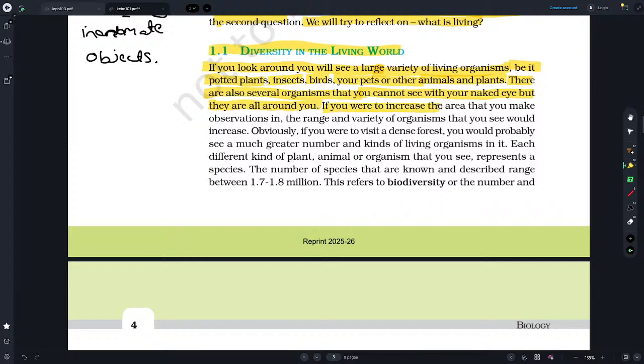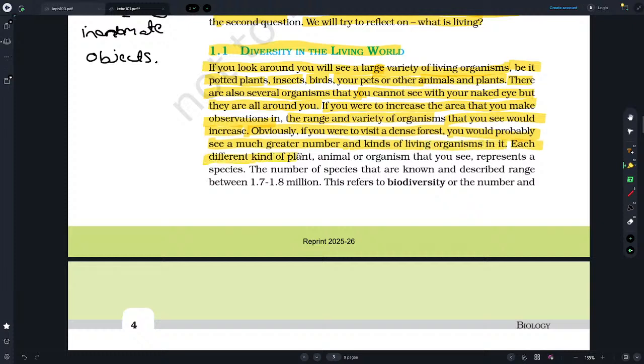If you were to increase the area that you make observations in, the range and variety of organisms that you see would increase. Obviously, if you were to visit a dense forest, you would probably see a much greater number and kinds of living organisms.